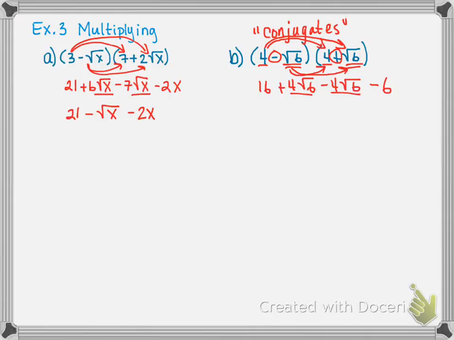Okay, our middle terms cancel. They combine to form 0. So we're left with 16 minus 6, and 16 minus 6 is 10. So our answer to the second problem is 10. When we multiply conjugates, we will not have radicals in our answers.